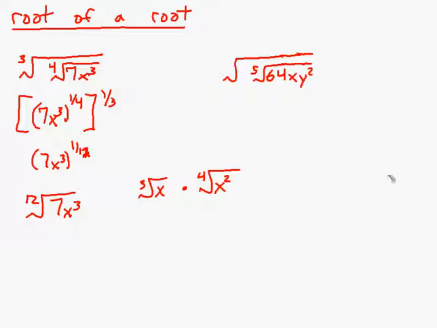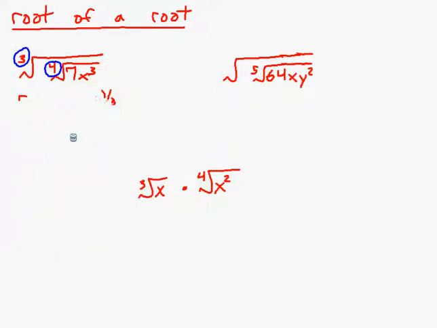Now hopefully you can see the shortcut. I have a 12 there. 3 times 4 is 12. So the faster way to approach that question, now that I've shown you how to do it and why it works, is we just write: radical to a radical, same as power to a power.